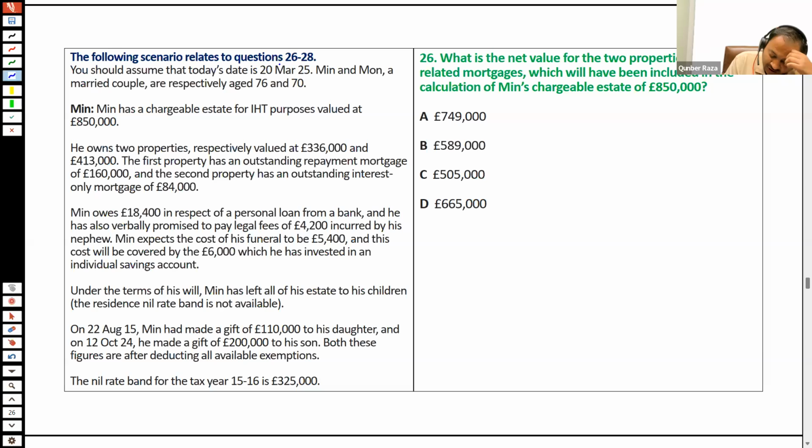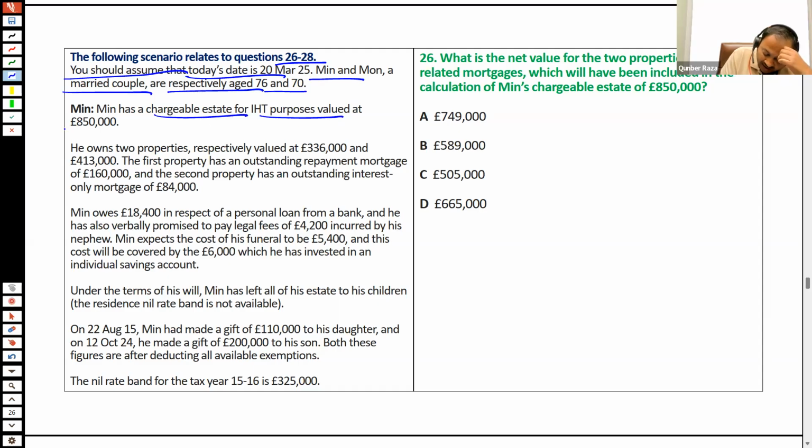The following scenario relates to questions 26 to 28. You should assume that today's date is 20th March 25. Min and Mon, a married couple, are respectively aged 76 and 70. Min has a chargeable estate for IHT purposes valued at 850. He owns two properties, respectively valued at 336 and 413.